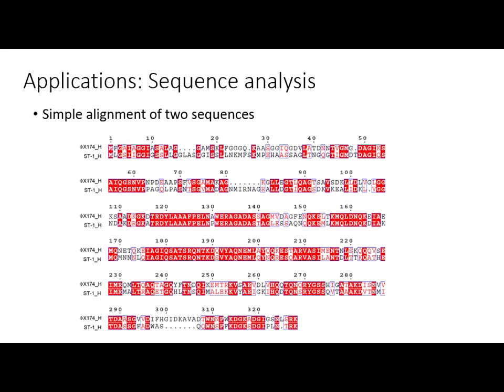A really simple level of sequence analysis, if you had to do sequence analysis by hand, you could do a single alignment. And what that is, you take a protein that you're interested in, and that's the top one. And proteins are really long, so this is up to like 330 amino acids. So the top row is a protein that we're interested in studying. The bottom row is a known protein that we're aligning it with.